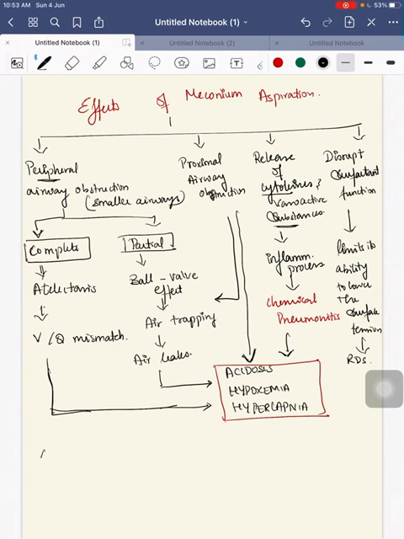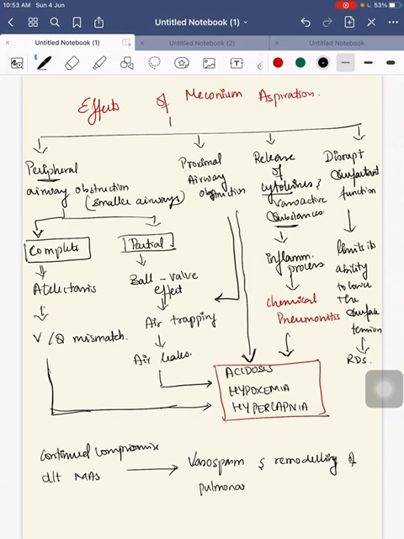When there is continued compromise due to meconium aspiration syndrome, it can also cause vasospasm and remodeling of the pulmonary arterial musculature.